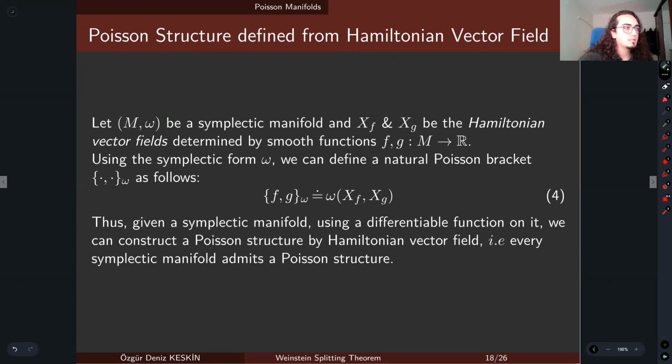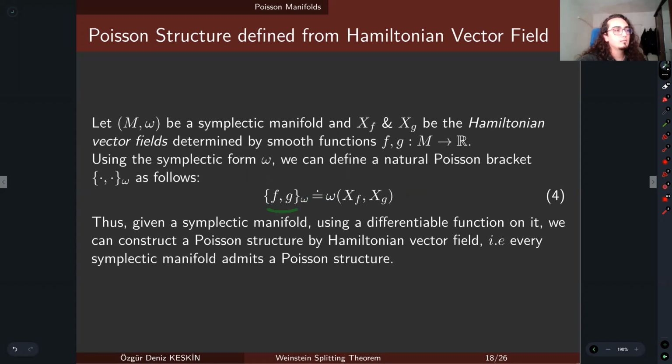Again, (M, omega) is a symplectic manifold, and consider two smooth functions f and g on M, and they will have Hamiltonian vector fields. If I feed omega with X_f and X_g, I end up with another smooth function on M, and it is the same output as the Poisson bracket of f and g.